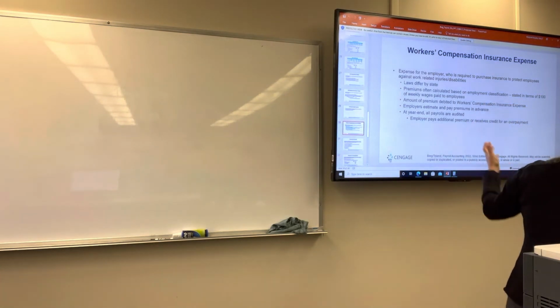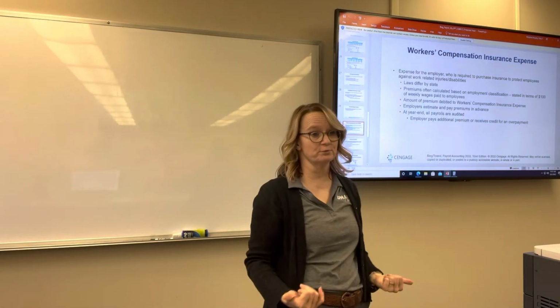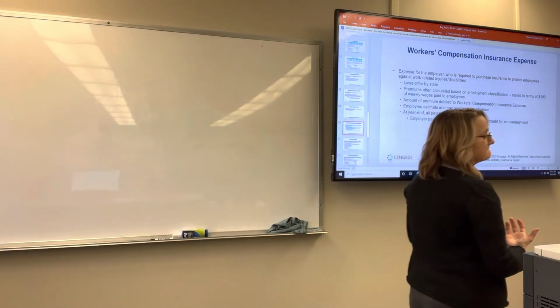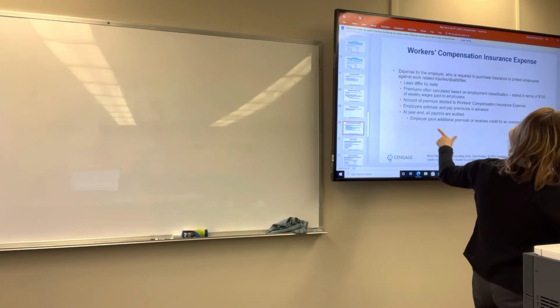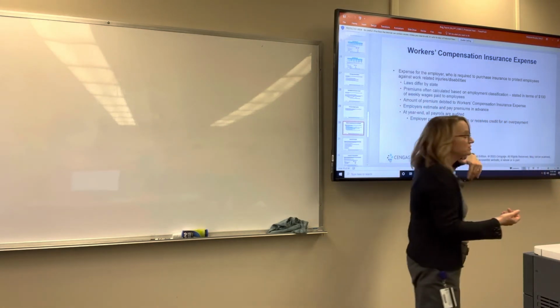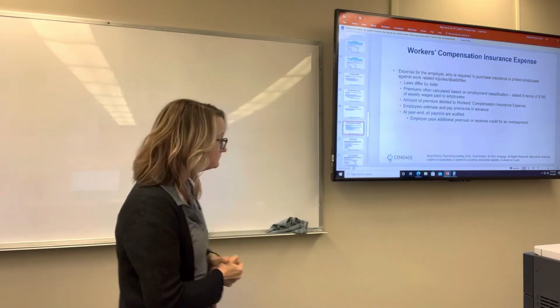So the employer has to provide to the insurance company a list of the payroll for each of their positions. The insurance company is going to determine a rate based upon that payroll, and it'll be stated in terms of $100 of weekly wages paid to employees within each classification.